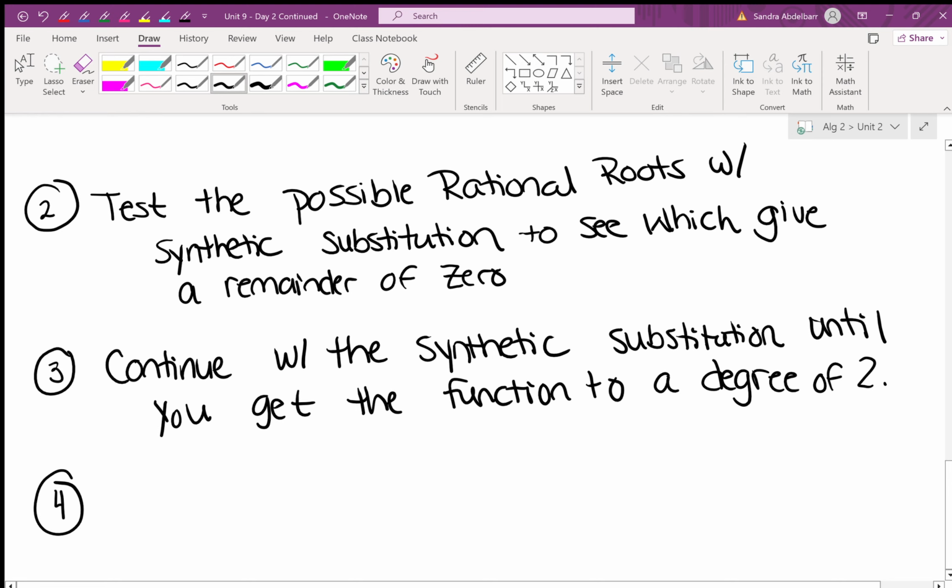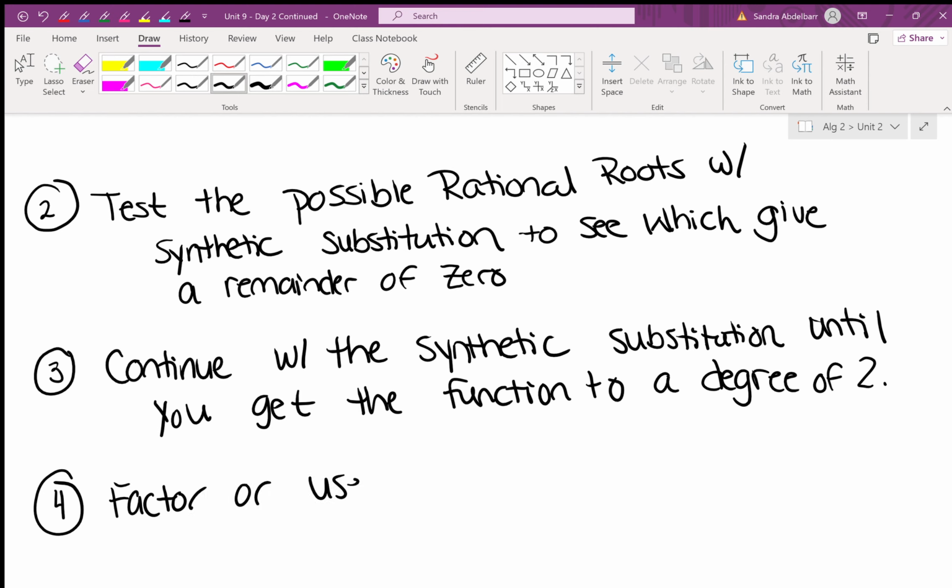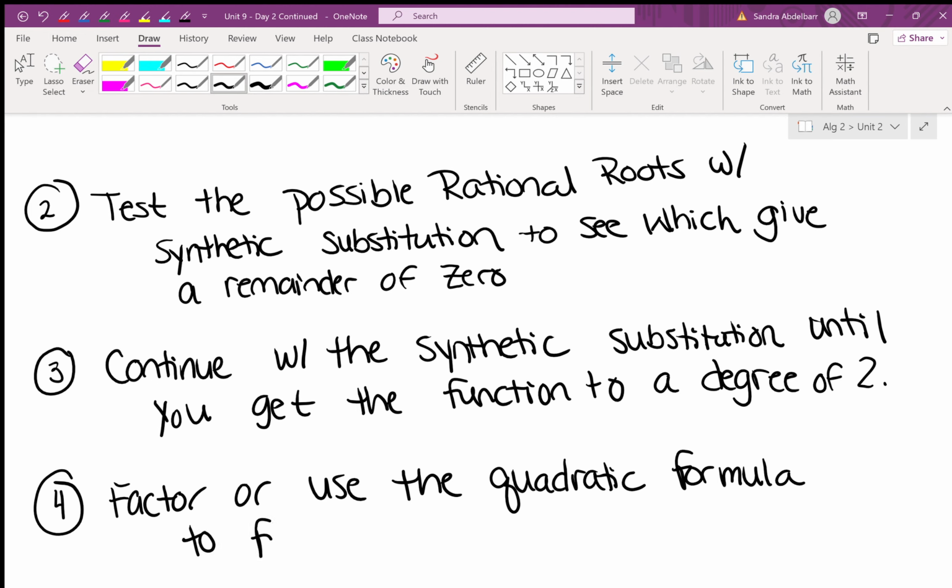Then after you get it to a degree of 2, we are going to factor or use the quadratic formula, whatever you want to call it, to find the remaining roots.